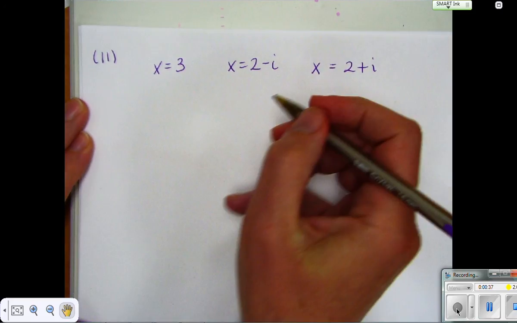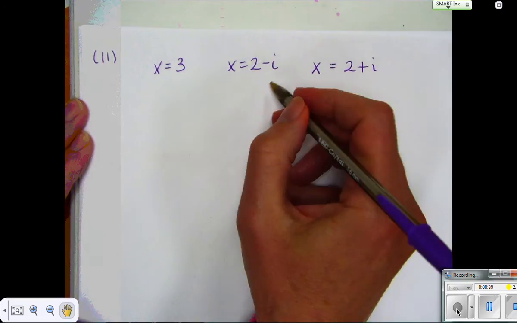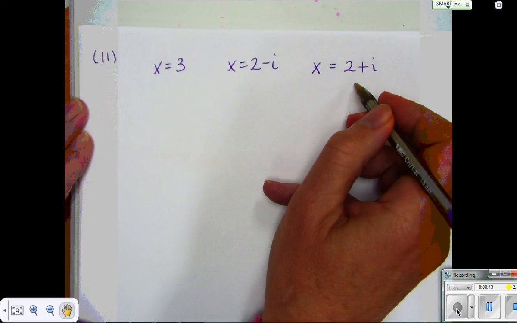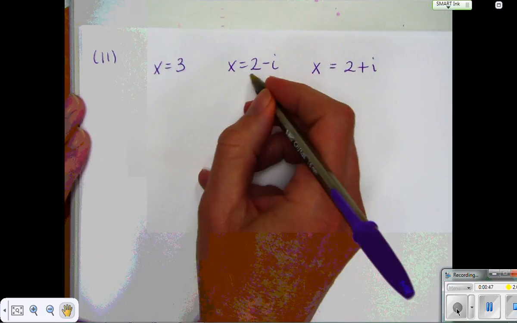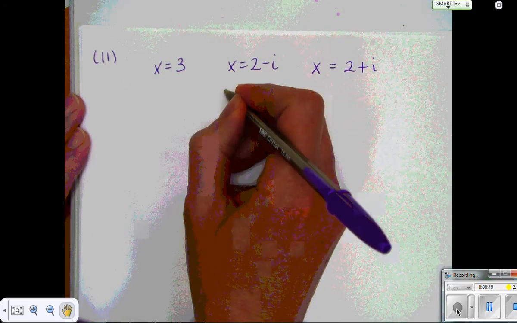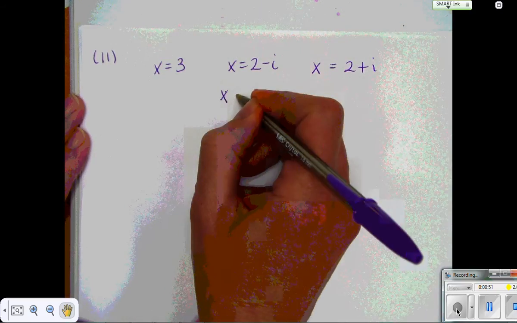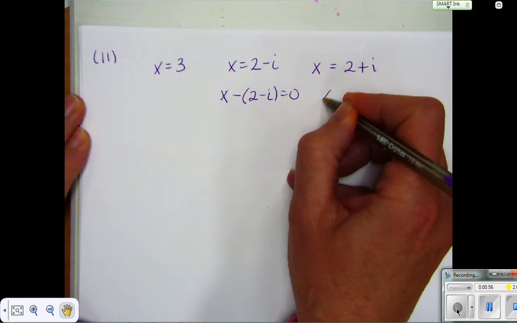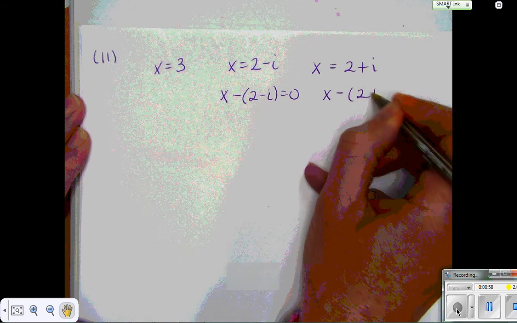And so I have these two complex zeros, and I want to set them each equal to 0. So when I subtract the 2 minus i, I have x minus parentheses 2 minus i equals 0, and x minus parentheses 2 plus i equals 0.